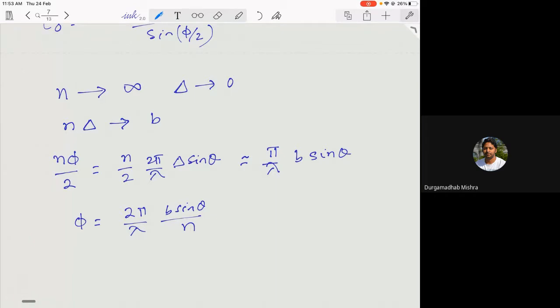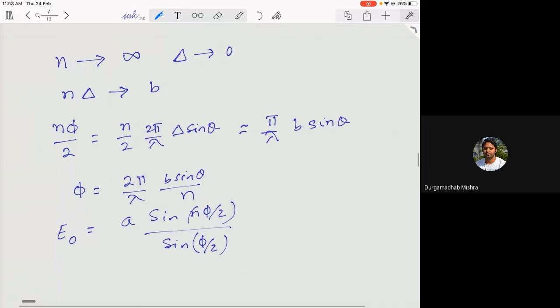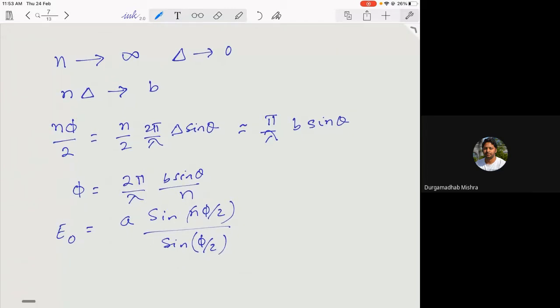And the amplitude E0 we can also write like this: a sine n phi by 2 divided by sine phi by 2, right? Now we have assumed that n goes to infinity, so that means phi should go to 0. If you apply that condition, E0 would be equal to a sine n phi by 2 over sine phi by 2, and sine phi by 2 is nothing but phi by 2 when phi goes to 0.